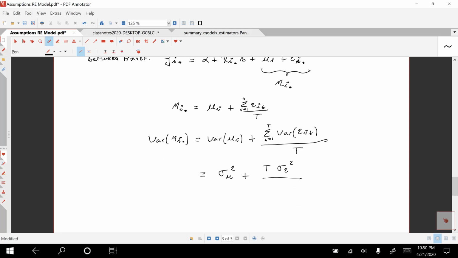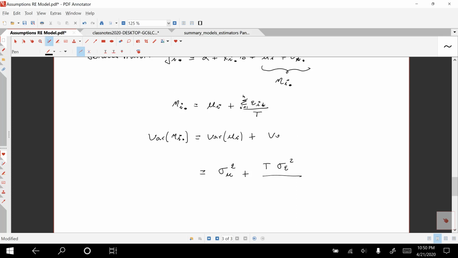Here for the variances, since this is the variance of this term, let me see what I should have done. Here I'm missing a step, so I'm going to write this down, because what we have here is the variance of the sum of the e_it divided by T. Okay, so since the variance of this, it is going to be T squared.